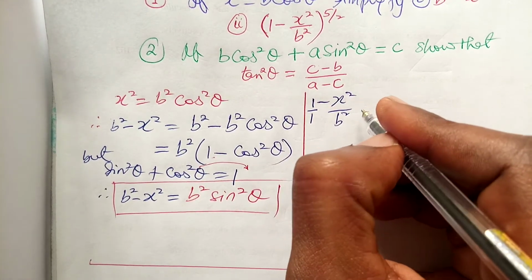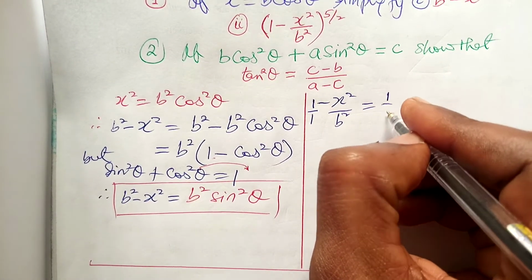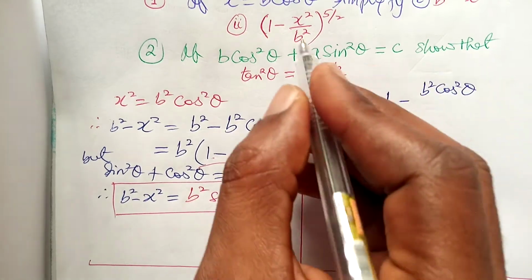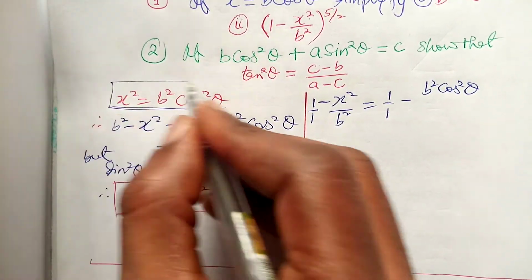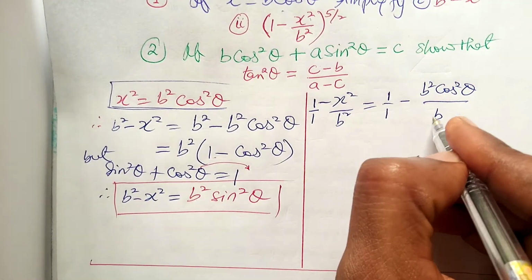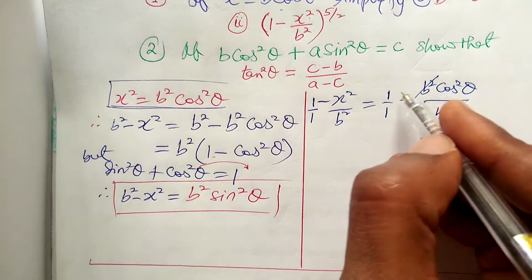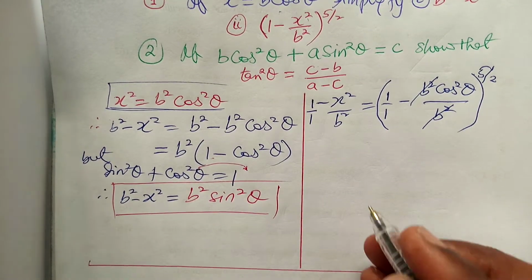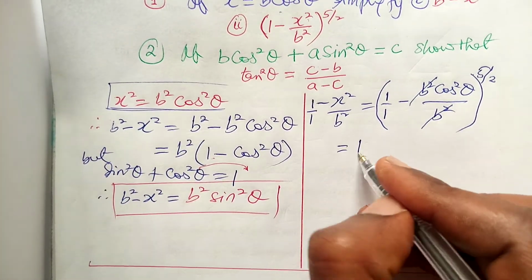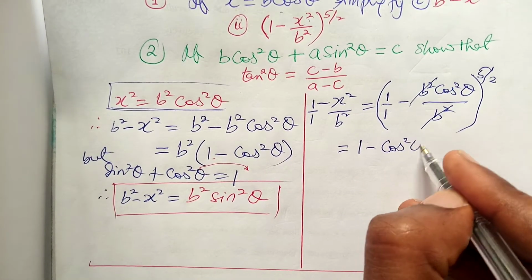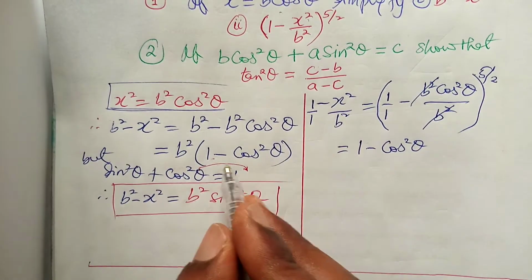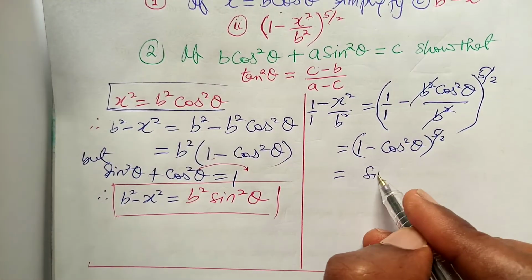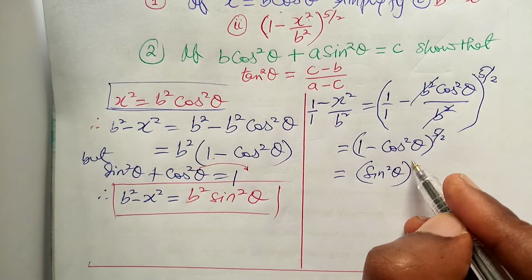That is equal to 1 minus b squared cos squared theta over b squared, because we have shown what x squared is. The b squared will cancel, and all of them are in this bracket raised to power 5 over 2. So we have 1 minus cos squared theta, which like we have seen before is sin squared theta, all raised to power 5 over 2.